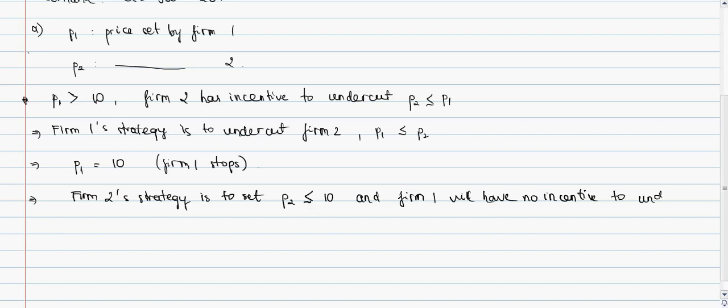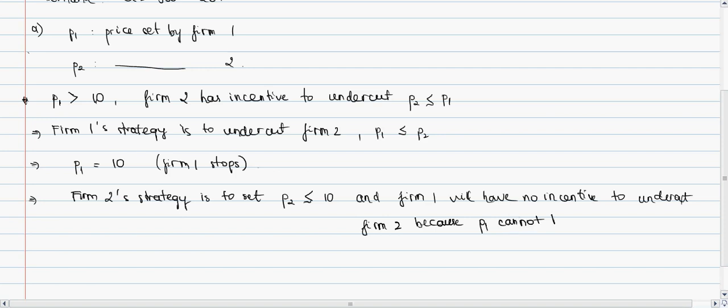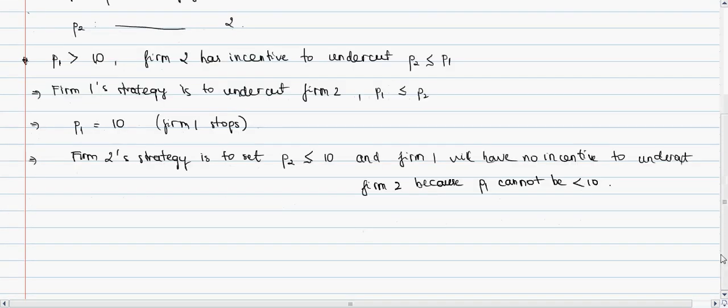Firm 1 doesn't want to get a negative profit, because P1 cannot be smaller than 10. Alright, so this is going to be the Nash equilibrium where no firms will have any incentive to deviate.